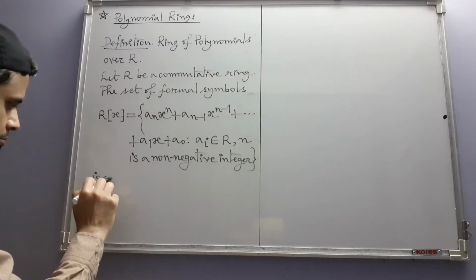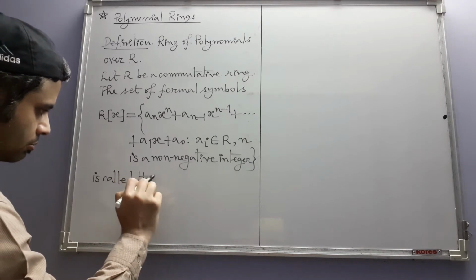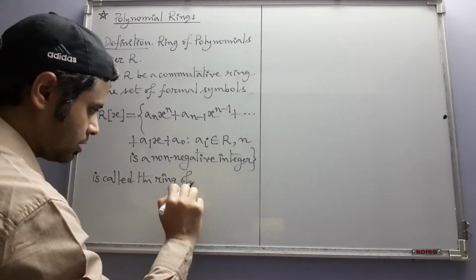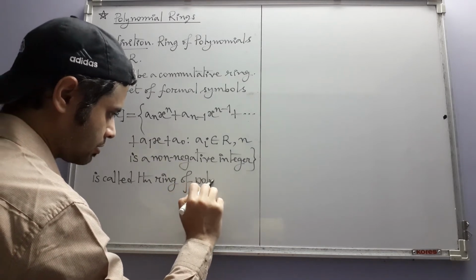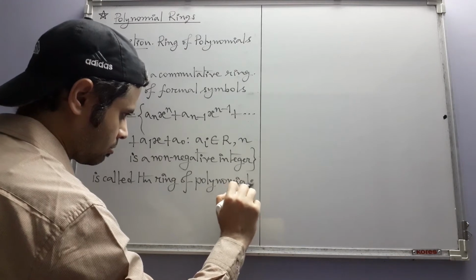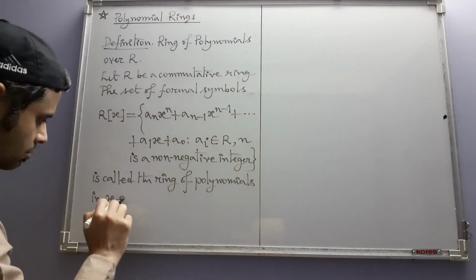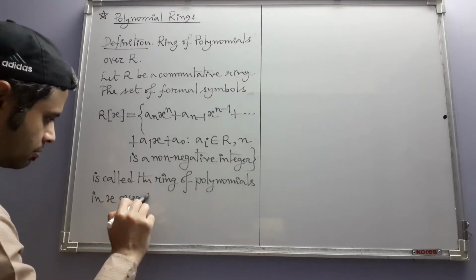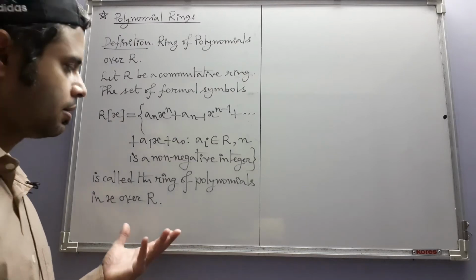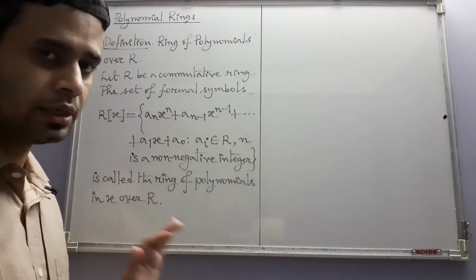Is called the ring of polynomials in X over R. Now there are some things to be said here itself.